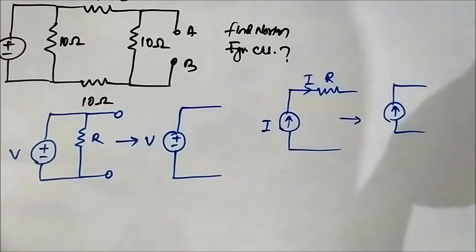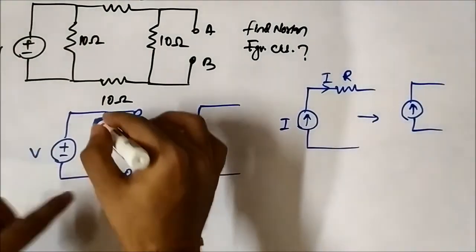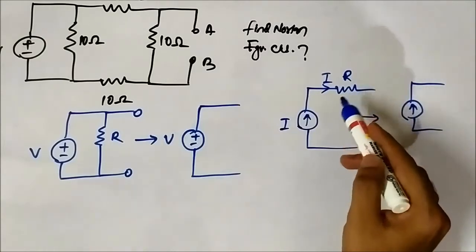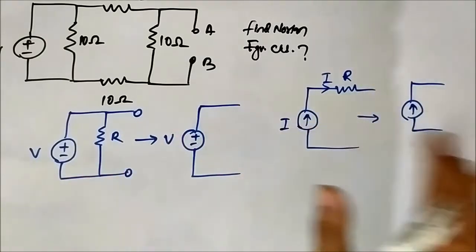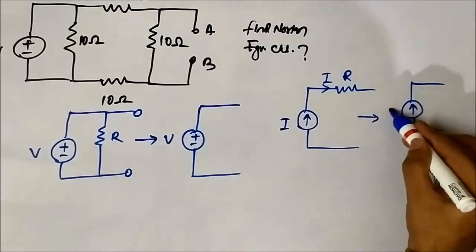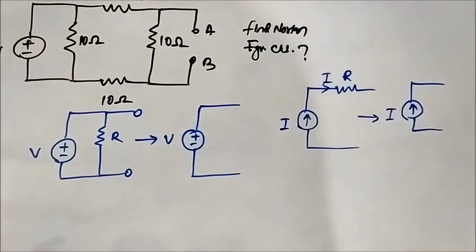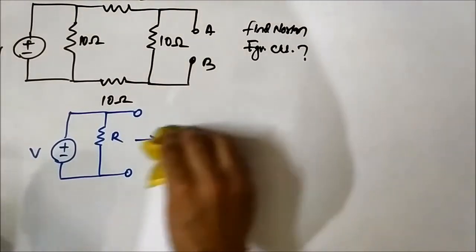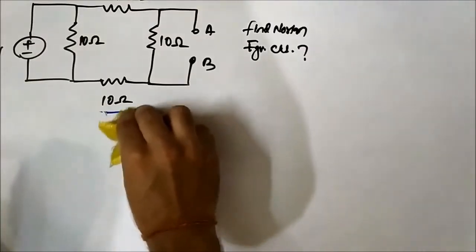So this becomes a redundant element. So always remember, a resistor connected in parallel across a voltage source and a resistor connected in series with a current source is of no use.